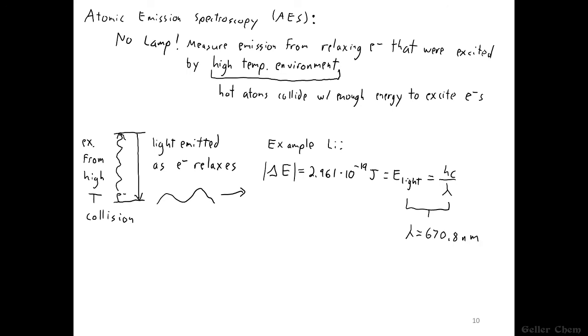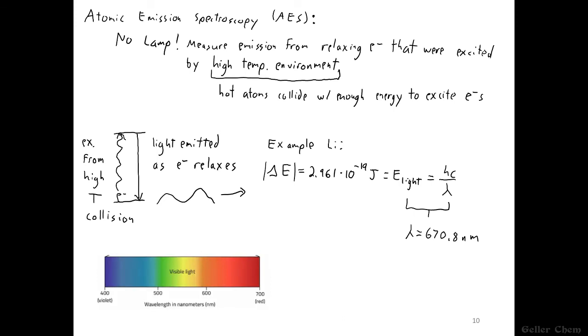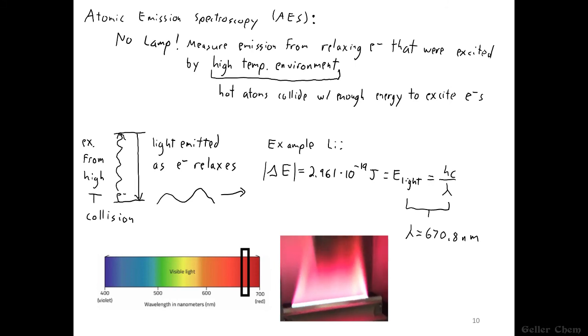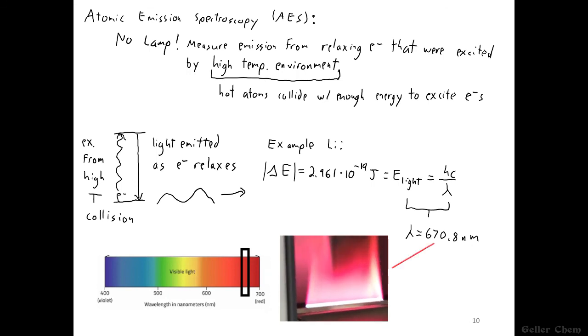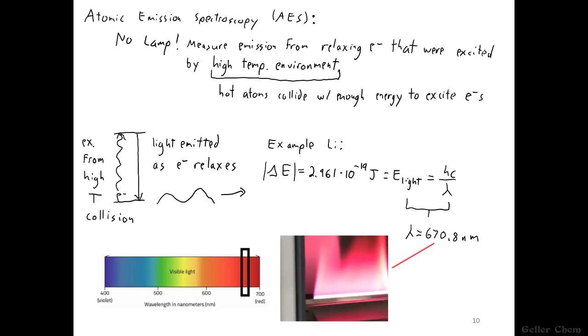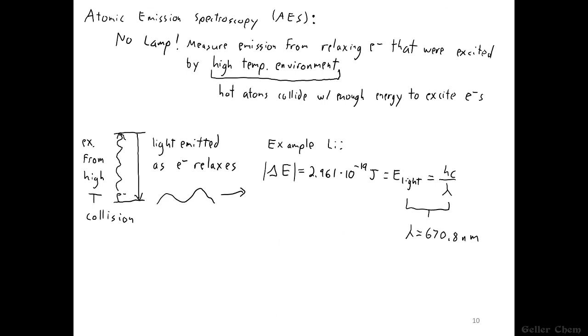And this wavelength is not only in the visible light spectrum, but it's in the red portion of the visible light spectrum. Remember the color of the flame in the instrumental video when I started burning a lithium solution? That distinct redness is the 670.8 nanometer light that's being emitted from excited lithium atoms. And that's what gave it such a specific and distinct color.